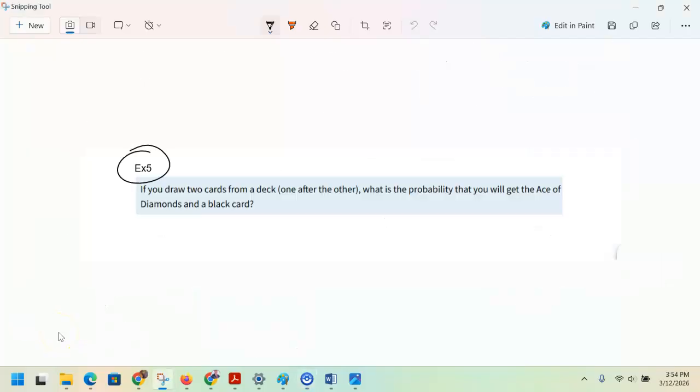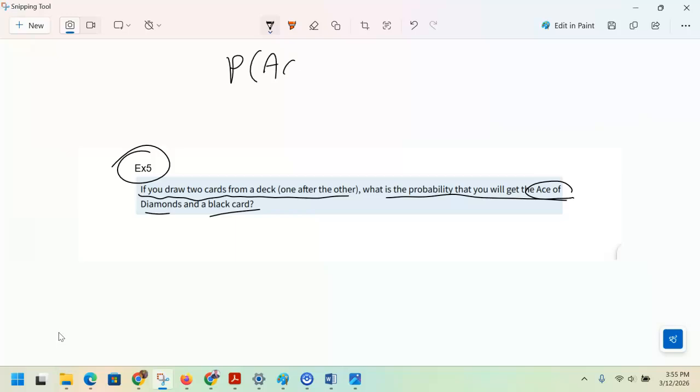So the next question is saying, if you draw two cards, what is the probability that you get an ace of diamond and a black card? Let me write it here nicely. So the probability that you get an ace of diamond and a black card.